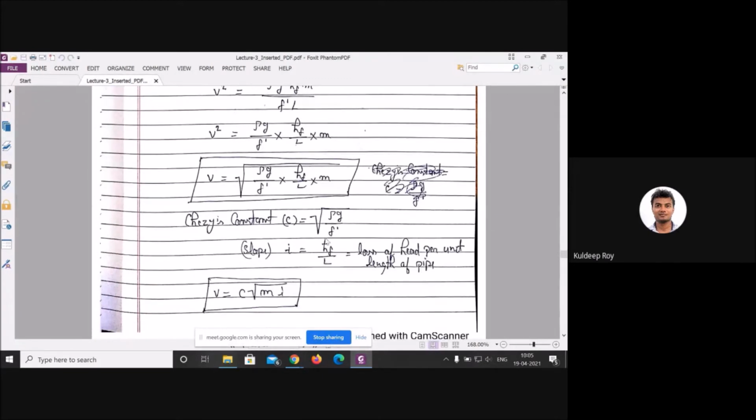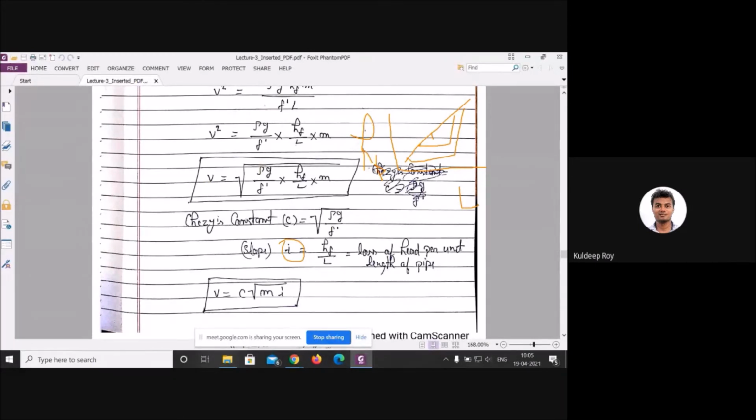If you know the frictional loss with respect to the length, you can easily determine it by knowing the slope. So what I am saying is, if you know the length and the head loss, then by knowing the plot, meaning the slope, you can easily determine the value of I. It will be plotted between L and HF, and the slope will provide you the I value.